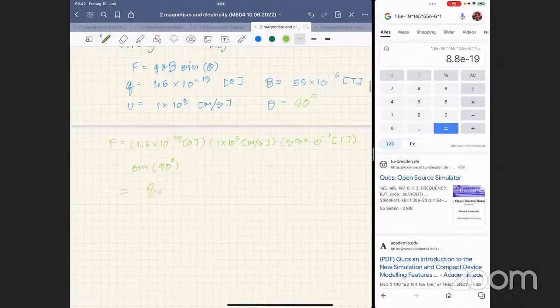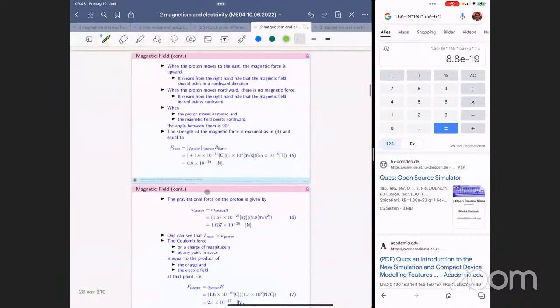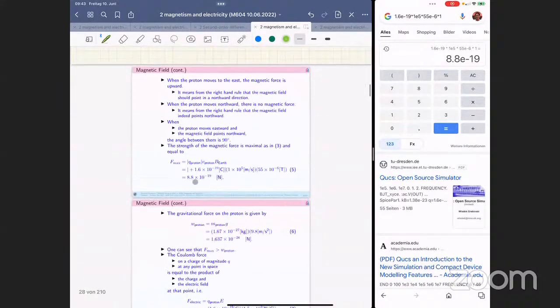It's 8.8 times 10 to negative 19 Newton. Okay, and I hope it's correct. Yes, 8.8 times 10 to negative 19.